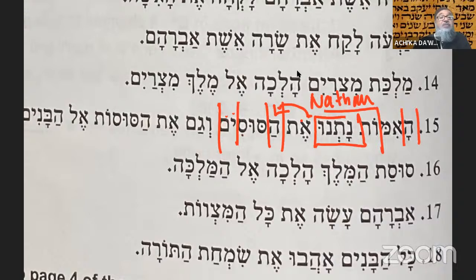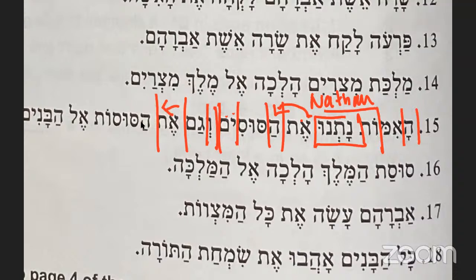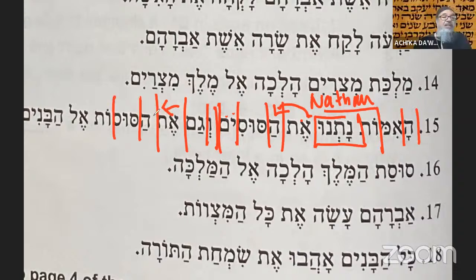So the susim right here are the male horses, and that's the "v," and this word here, gam, means also. Here's an arrow again pointing to exactly what they gave. They gave the "ha" here. What's the "ha"? The. And here we got horse again. So what kind of horses?